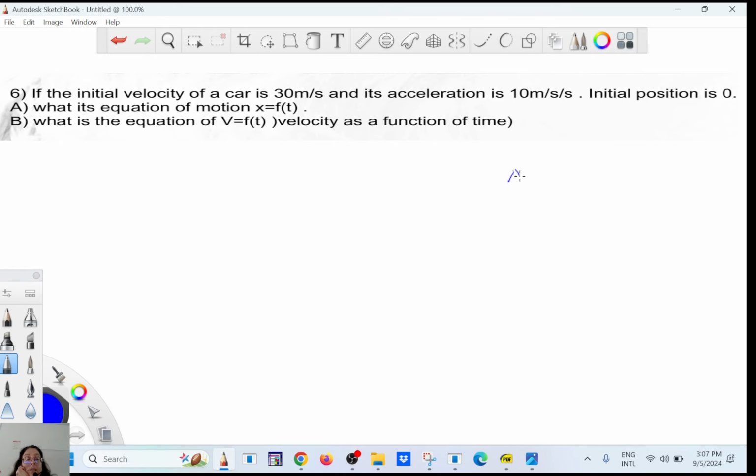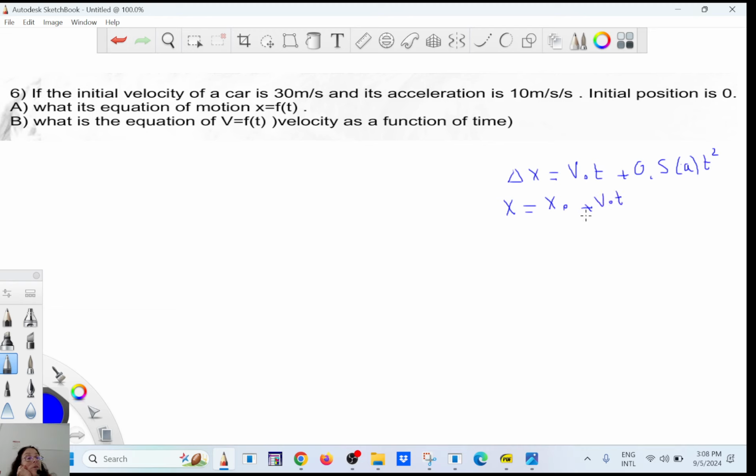The first one is displacement equals initial velocity times time plus 0.5 times acceleration times t squared. Agree? Or you can say the final position is initial position, what you begin with, plus v0t.